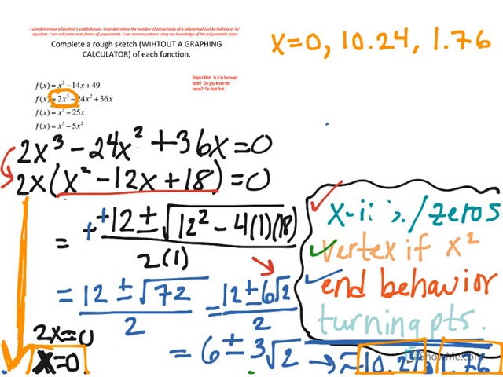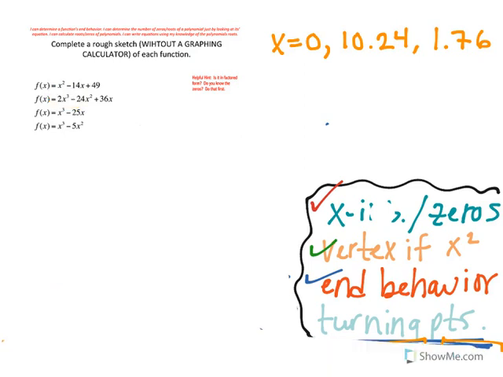I need 3 solutions based on the highest power. Do any of them have a multiplicity? And the answer would be no, because none of them need to count for more than one solution, because I have 3. That's how many I'm supposed to have based on the original function.